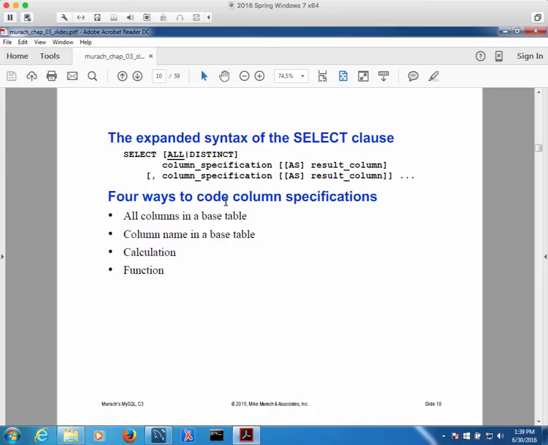Okay, so there are some more features of the select statement that we want to go explore that give you some more functionality. Immediately after the word select, we can say all, or we can say distinct.